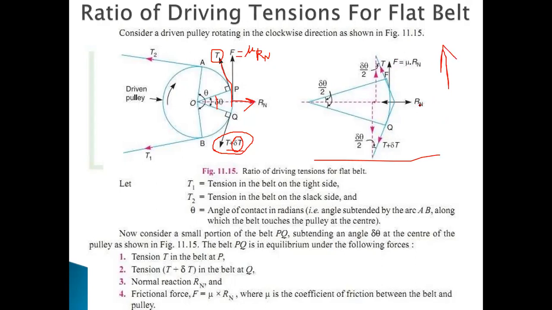In the horizontal direction, Rn is taken as the normal reaction, T plus delta T is the tension produced in the tight side, and the angle generated is delta theta by 2, and T is the tension in the slack side, also with the angle delta theta by 2. Delta theta is the angle between the arc.